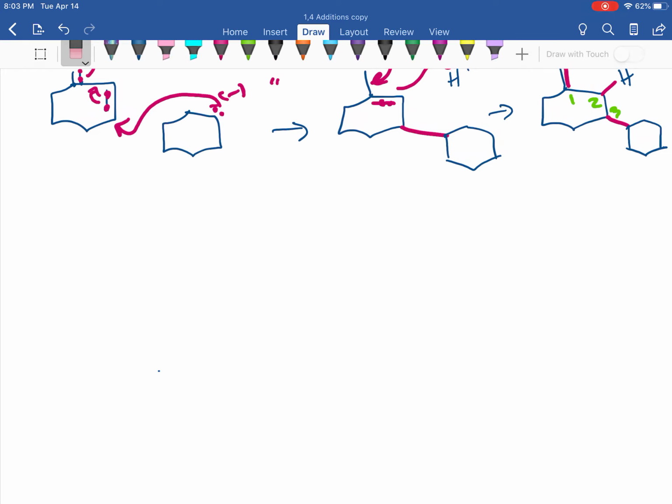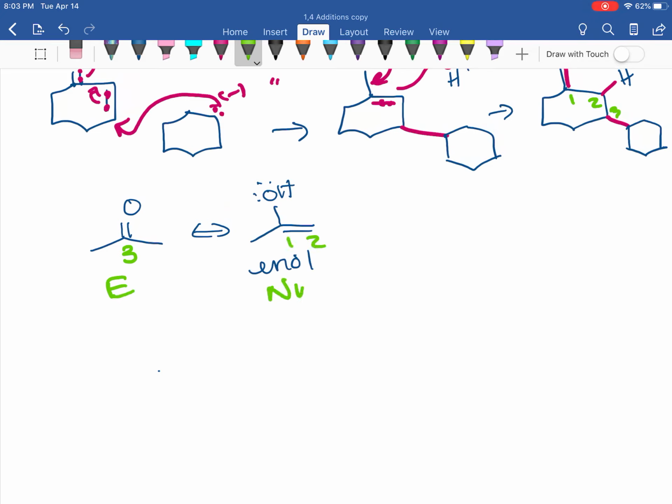The last one after a Gilman is to use another enolate. Okay, just wait for it. Remember, we've got a nice little tautomerization happening here. We've got enols. Remember, from our aldol, these can be good electrophiles, and our enols are good nucleophiles.